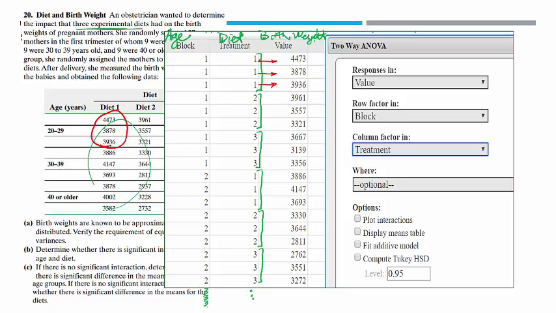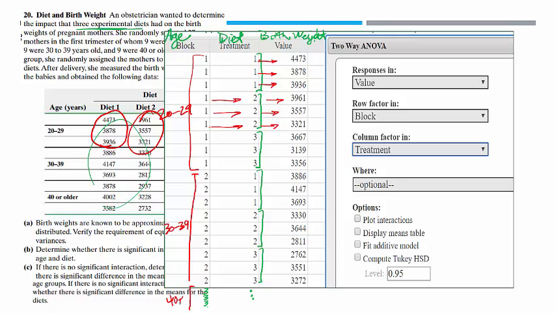That's right here, diet 1, age 20 to 29. And let's check that again. Age group 1, if age group 1 is 20 to 29, then under diet 2, the number should be 3961, 3557, and 3321, which of course it is. So block 1 is the 20-year-olds, block 2 is the 30 to 39-year-olds, and then what would follow below would be the 40 plus in block 3.